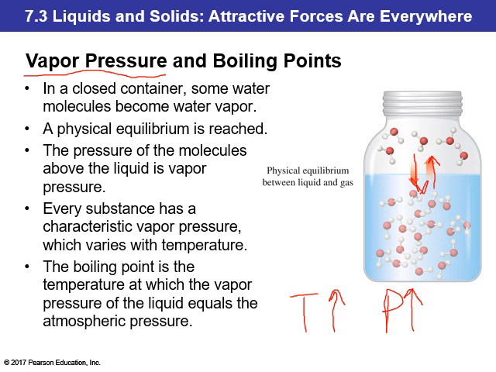The boiling point is related to our vapor pressure. The boiling point is the temperature at which the vapor pressure of a liquid equals the atmospheric pressure. Once you've heated something to the point where the vapor pressure equals the atmospheric pressure, that material will start to boil.